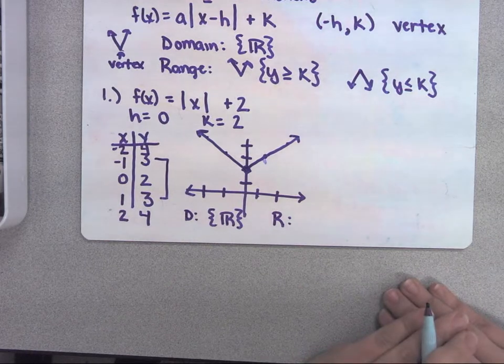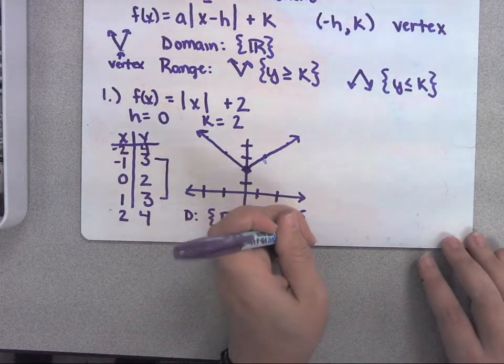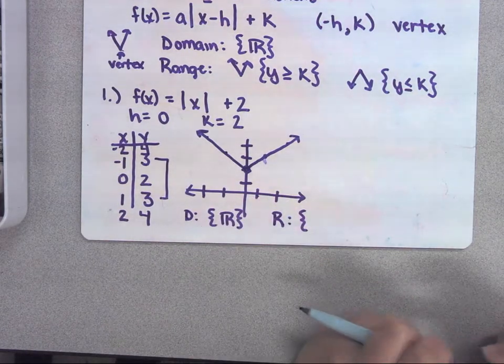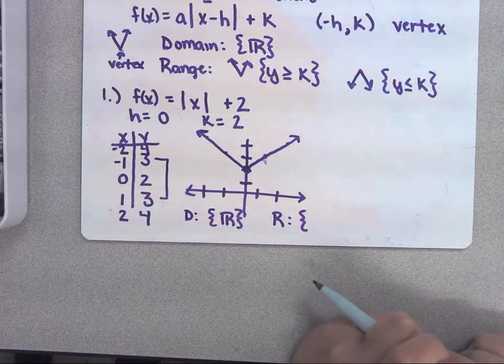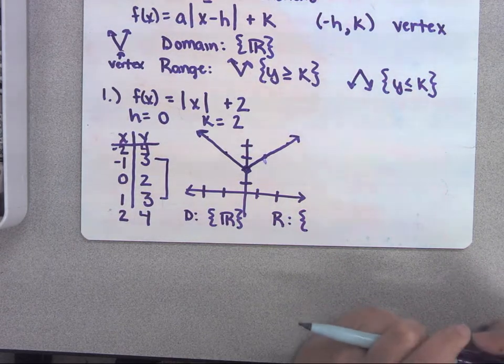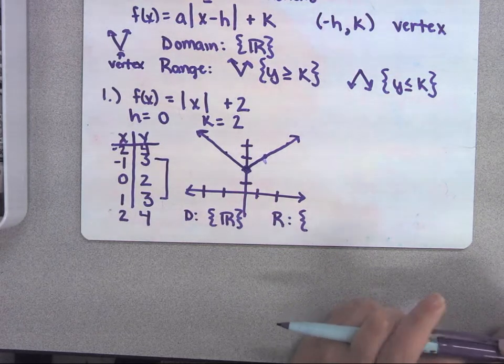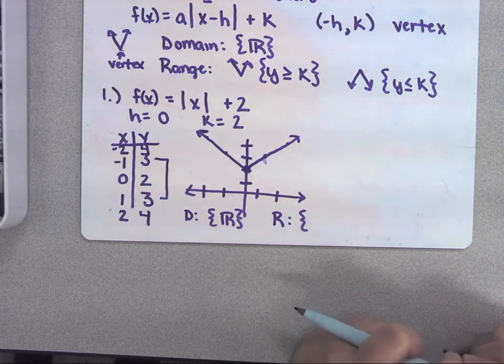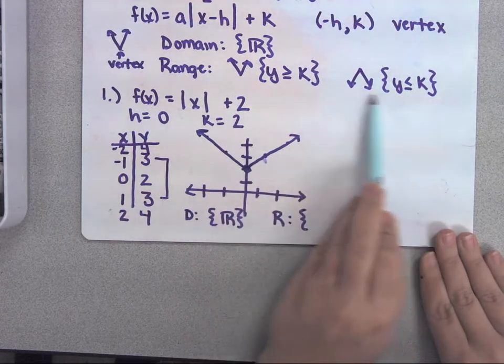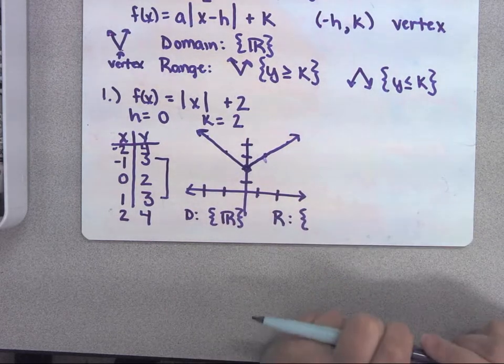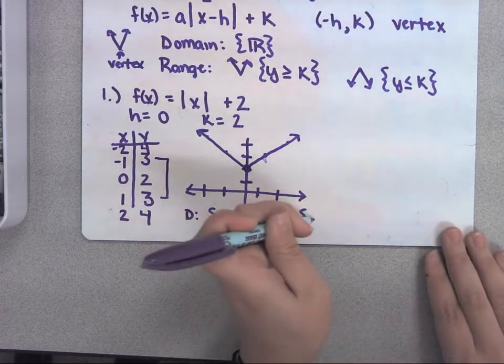Range. Since this one's facing up, what is your range going to be, Michelle? I said Michelle. I know you got excited, but I said Michelle. Look right up here. It'll tell you the answer. Okay?